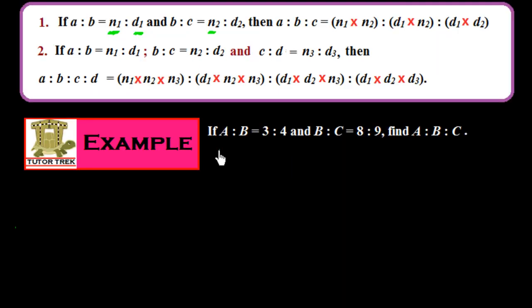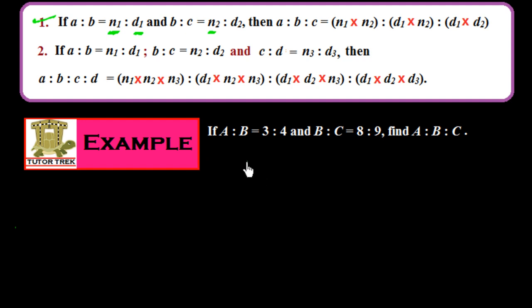Here I explain one example relating to this first type of short question. a is to b is equal to 3 is to 4, and b is to c is equal to 8 is to 9. Find a is to b is to c.